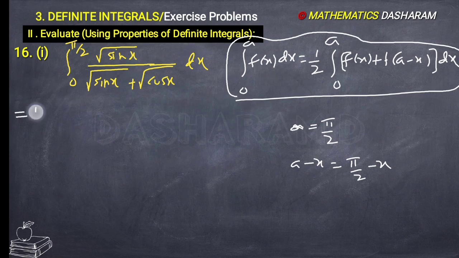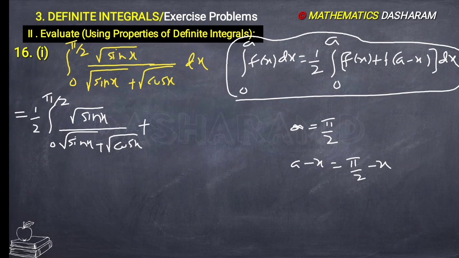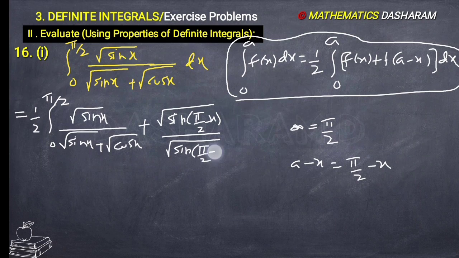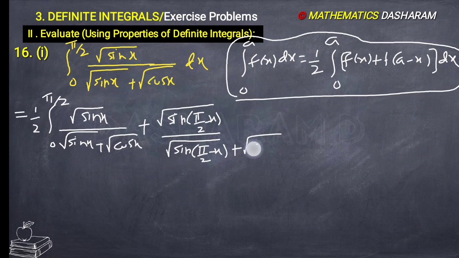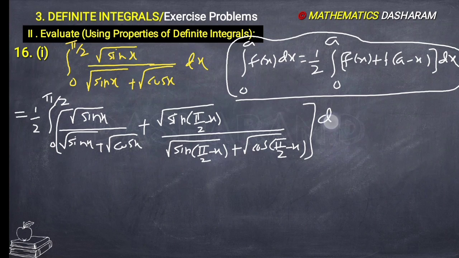So then it is equals to 1 by 2 integration 0 to pi by 2, f of x means root sin x by root sin x plus root cos x. Now f of a minus x, that means under root sin pi by 2 minus x divided by under root sin pi by 2 minus x plus under root cos pi by 2 minus x, so whole dx.